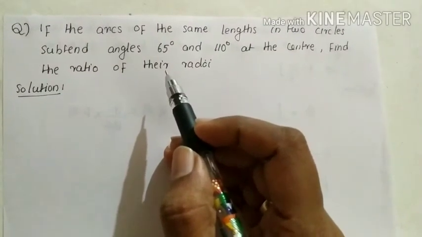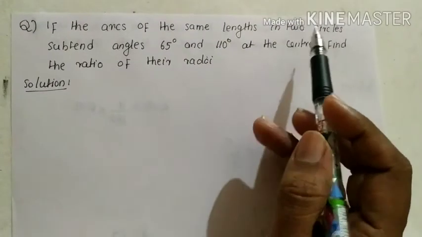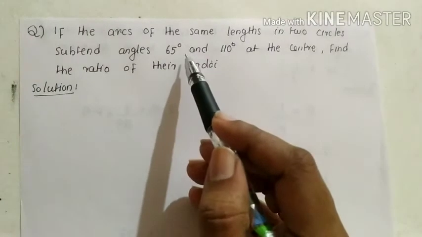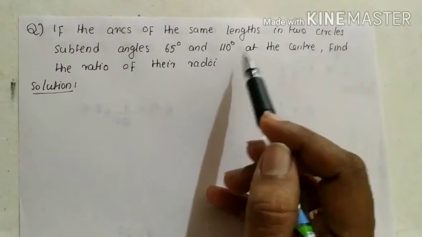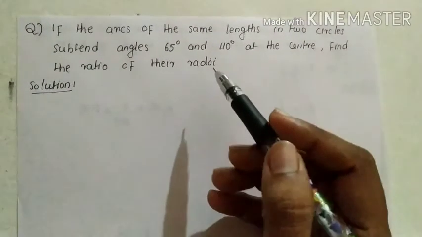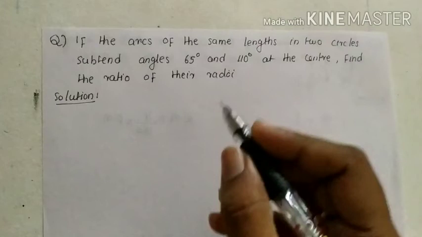This is our last question. If the arcs of the same length in two circles subtend angle 65 degree and 110 degree at the center, find the ratio of their radii. Okay, so we need to find out the ratio of radii.